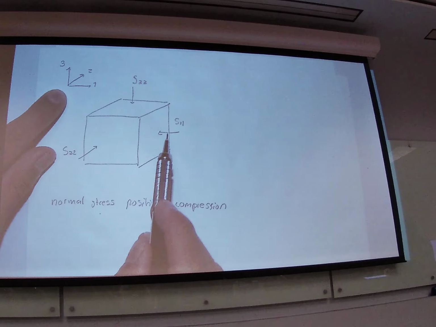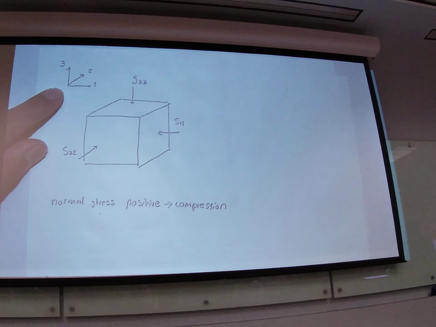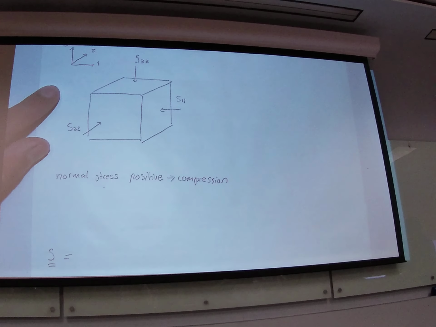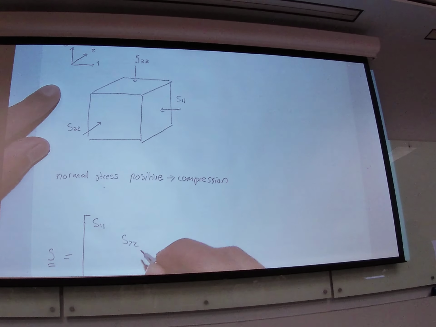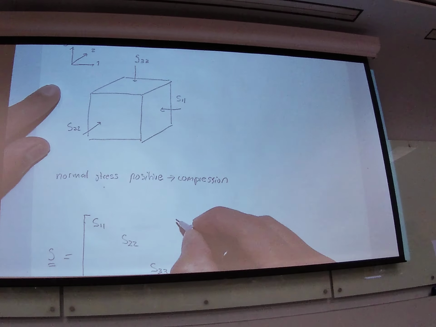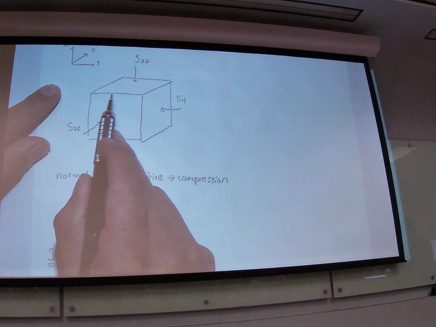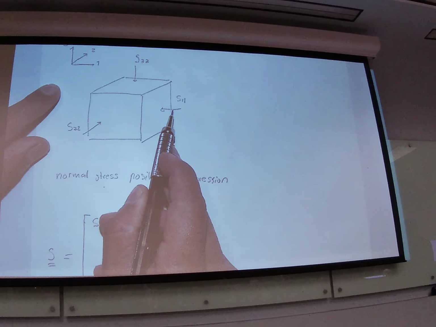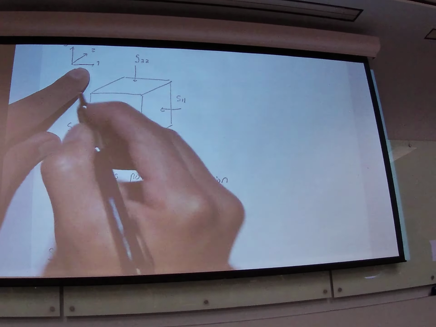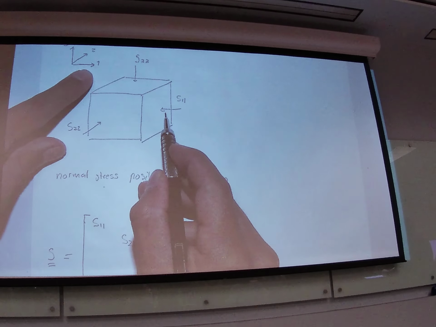Well, this rule is going to tell me that the numbers in this stress tensor are going to be positive: S11, S22, and S33. Whenever I make a displacement in the positive direction, for example, from here to here, I get to the other face, and in that face, the stress is pointing in the direction opposite to the direction of the base. So you see how this one points in the direction opposite to 1.